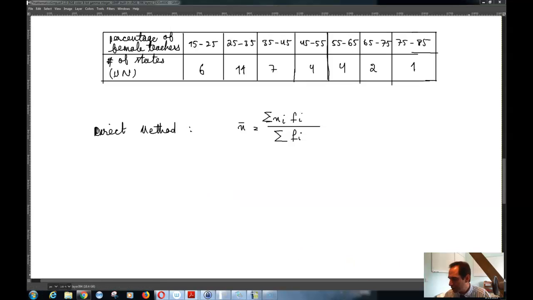There was something else called the assumed mean method.